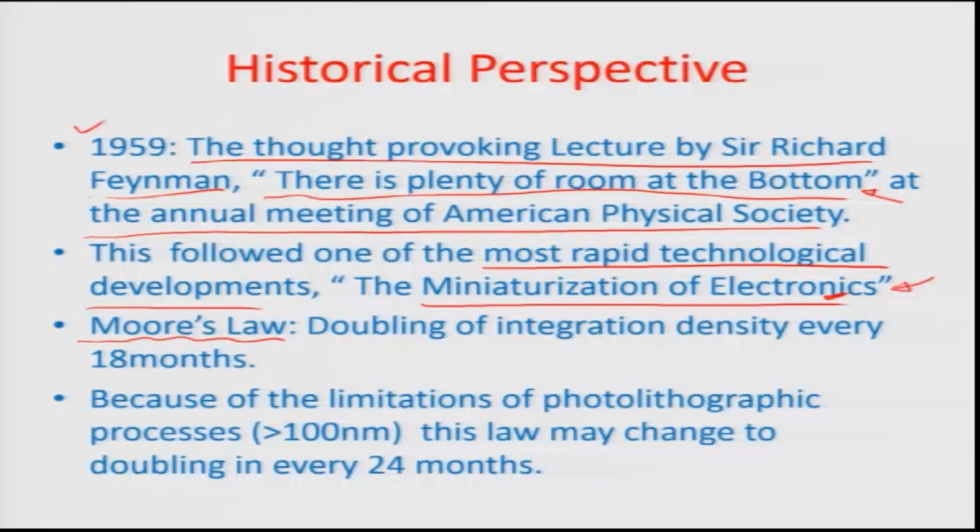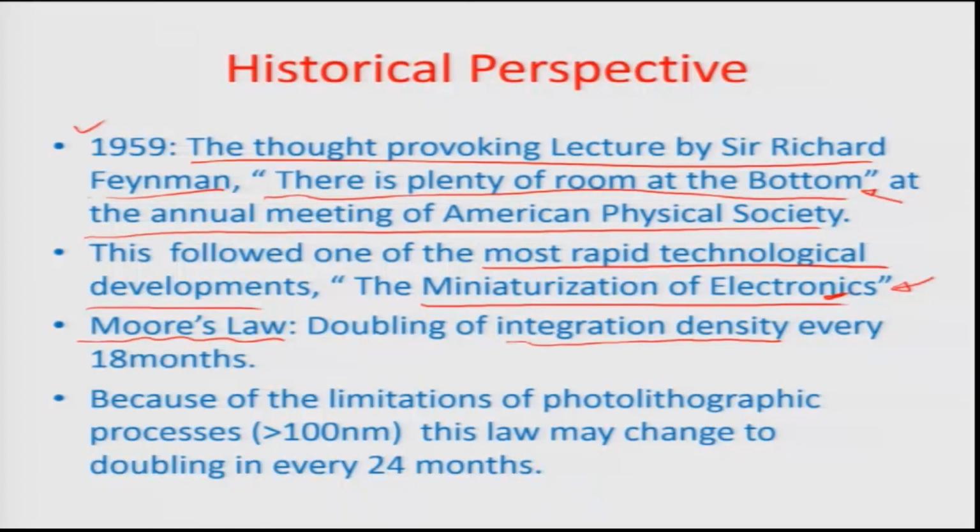studied and given a hypothesis that there is a certain rate at which the integration density changes as a function of time, because obviously the processes used for laying down circuits or small features are quite limited in terms of how small they can go.